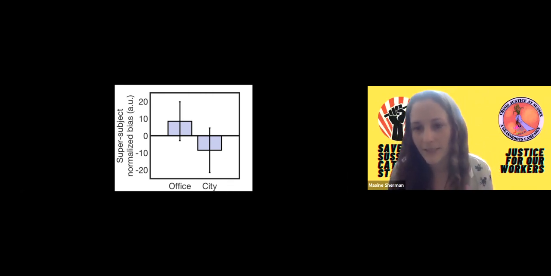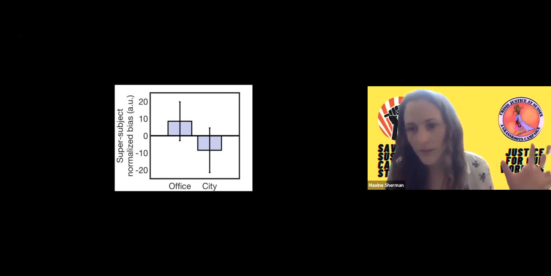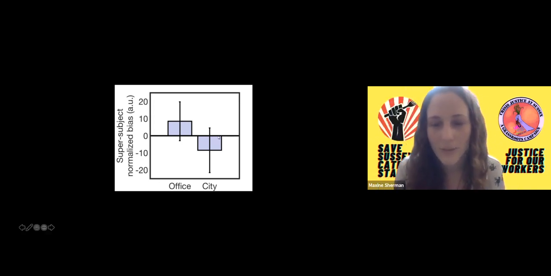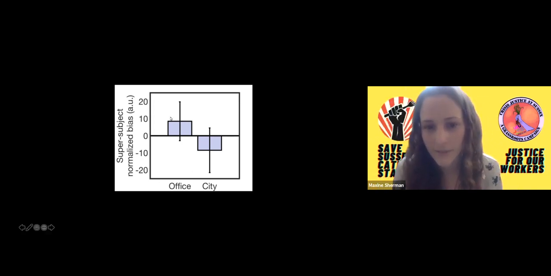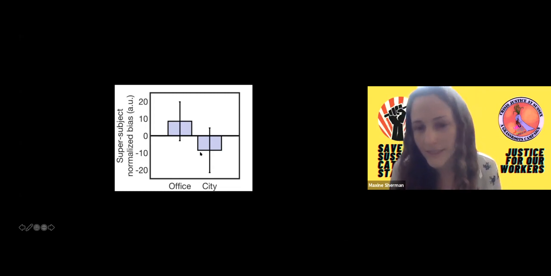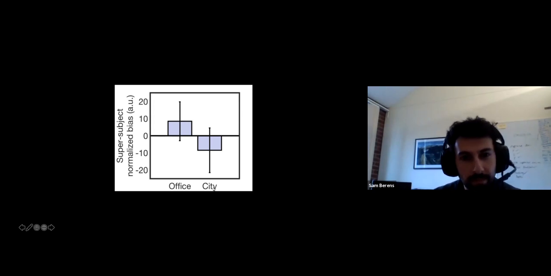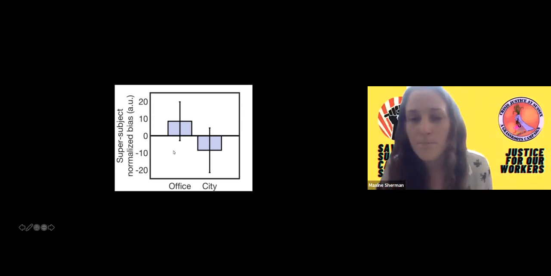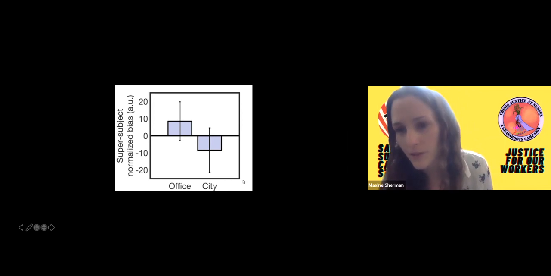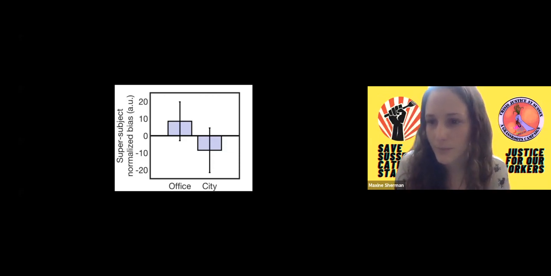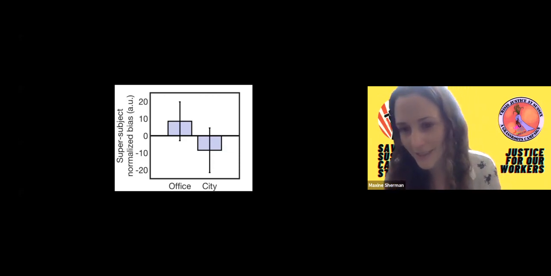So we standardized everyone's BOLD, we standardized everyone's reports, we Z-scored them, and then combined them into one big subject. Problem was, when we did this, the office city difference behaviorally didn't come out. I think I've got these labels the wrong way around. Yeah, these labels are the wrong way around, sorry. So there wasn't even a behavioral effect to find in the BOLD data, because of all of this bizarre standardizing that we did.